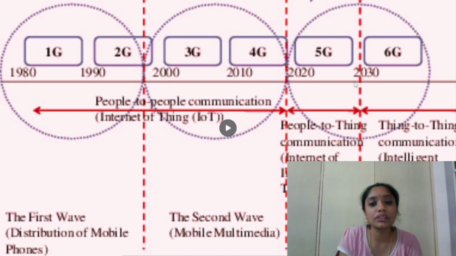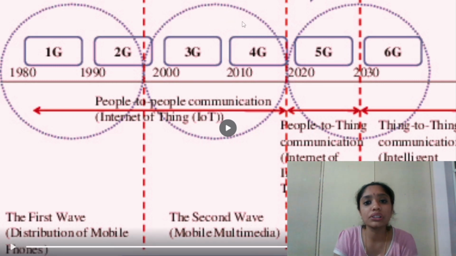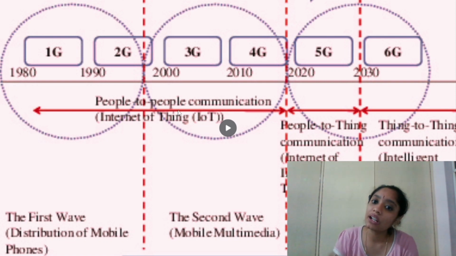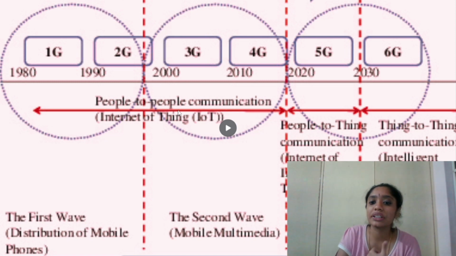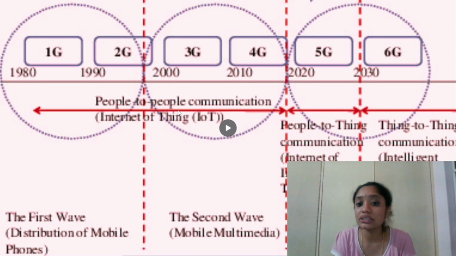So what actually was there from 1G to 4G: people to people communication. What actually happened under 5G? Under 5G, there was another advancement called Internet of Intelligent Things, that is IoT.